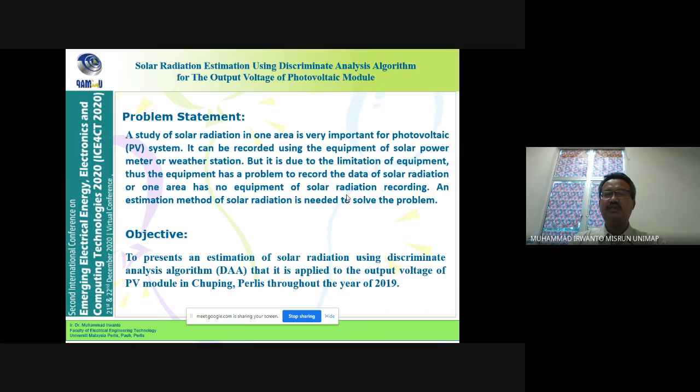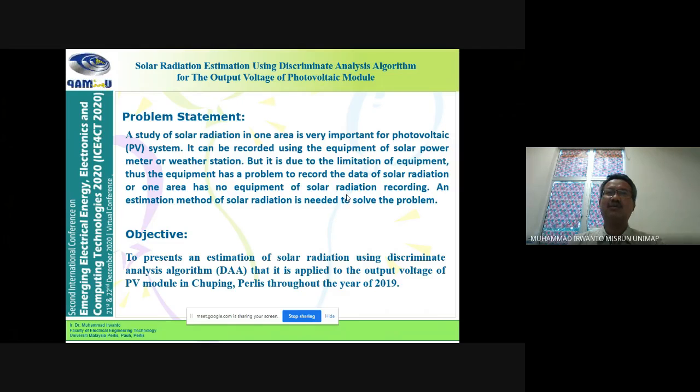As the problem statement, we know that solar radiation is very important to be studied to know the potential of power generation in one area. Solar radiation is normally measured by using a solar power meter or weather station.